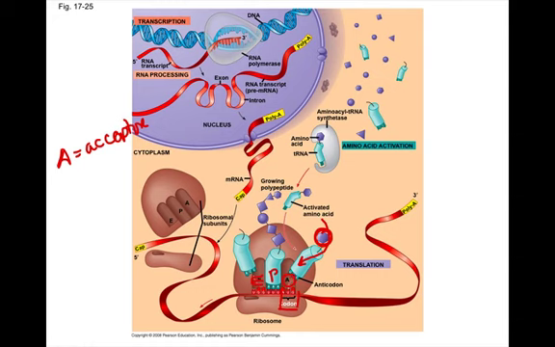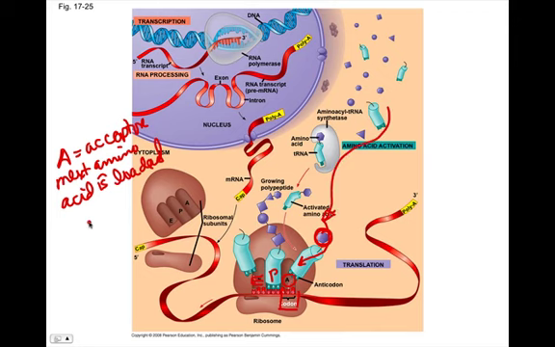Just go through these definitions. The first is the acceptor site, where the next amino acid is loaded. So that's where the code is read. There's a genetic code, and this triplet letter calls for the next amino acid. Let's say the next amino acid is alanine, and so alanine is delivered.